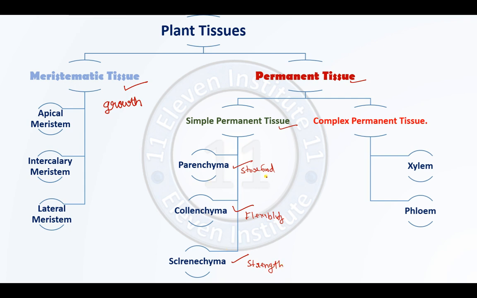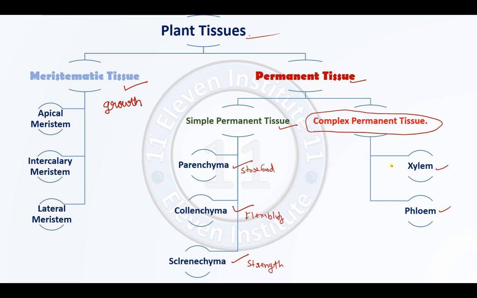Right. Based upon the function they perform, they have different shapes, and today we are moving ahead with the complex permanent tissue. When we finish this, we will ultimately complete the section of plant tissues. So today we are going to study xylem and phloem. The simple tissues have only a single type of cell, but these have more than one type of cell, and they coordinate to perform a common function.